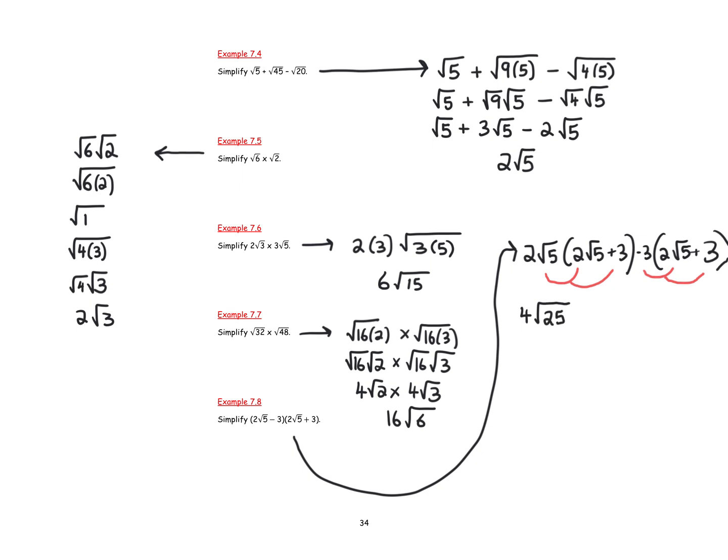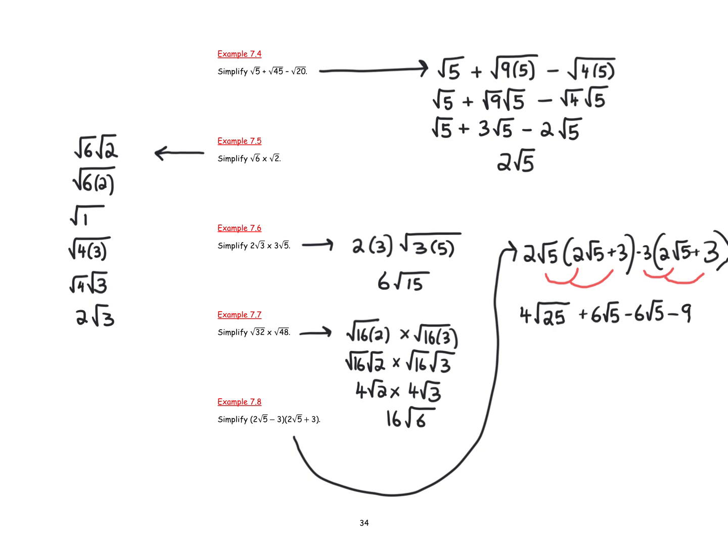We'll then have 2 root 5 by 3. Now there's no square root here, so we just multiply the numbers outside the square root by each other. So it becomes 2 by 3, which is 6, so we'll get 6 root 5. Similarly, with the minus 3 by 2 root 5, we'll get minus 6 root 5. And then we'll get minus 3 times 3, which will give us minus 9.